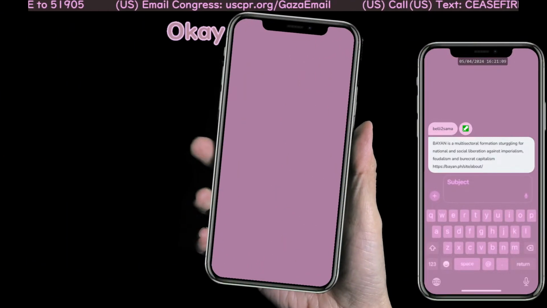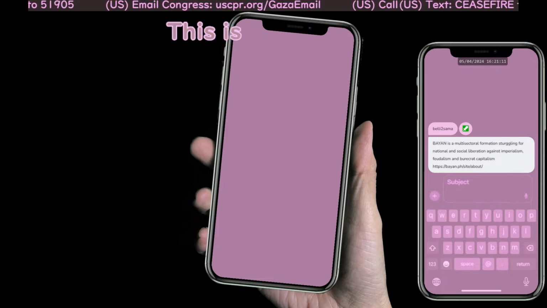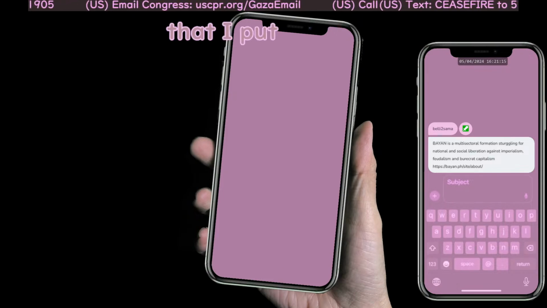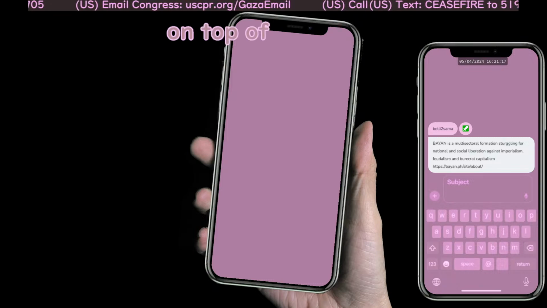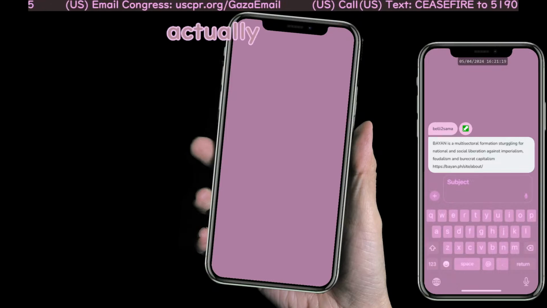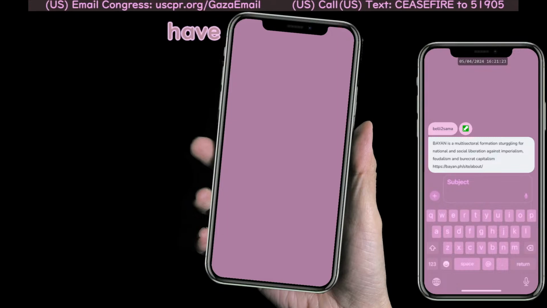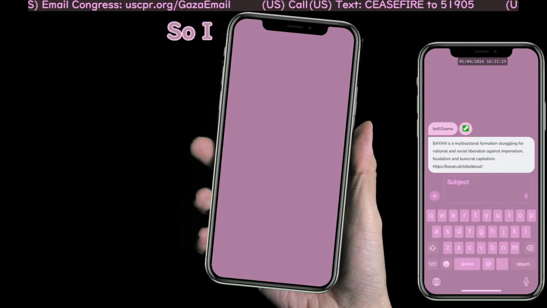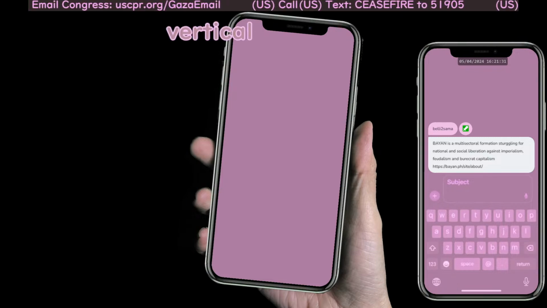Okay, so this is going to be an overlay that I put on top of. Let's just have OBS over here, because I can see this in the vertical overlay, and it's kind of nice to look at.